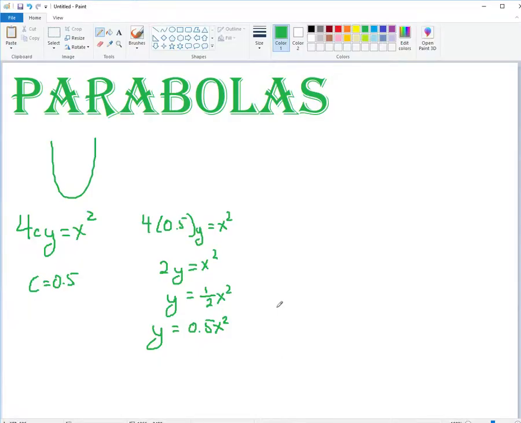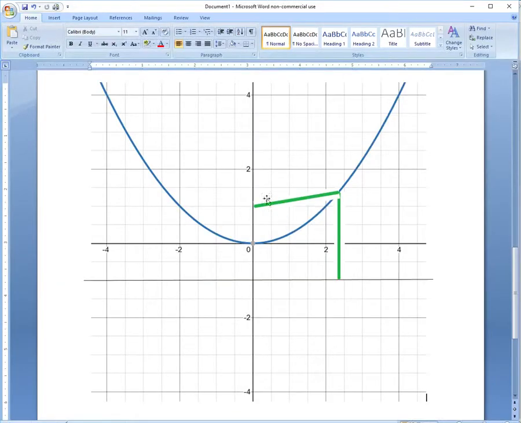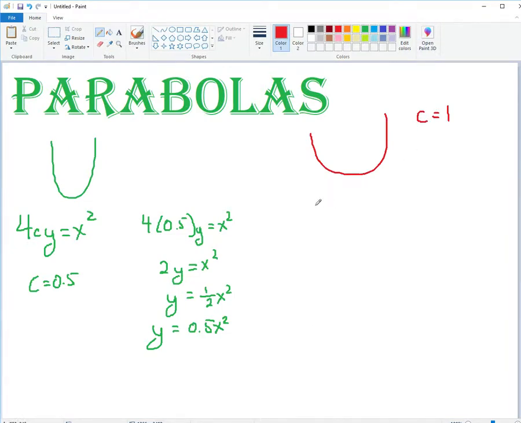So if I go back to here, our example 2 now, we again had a different one, and we said that our C length was equal to 1 based on what we just did here. So if our C length is 1, and I plug that back in, 4C times y is equal to x squared. So I plug in 4 times 1 times y is equal to x squared.